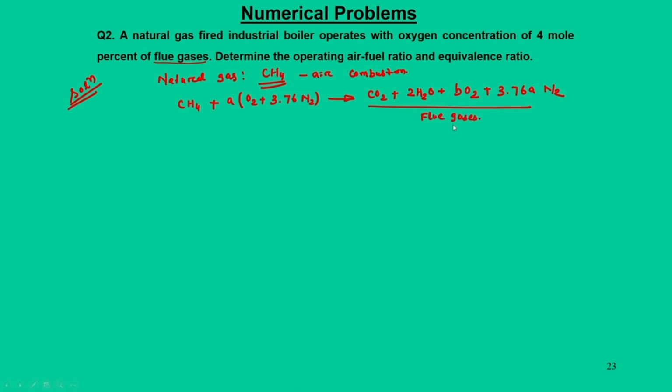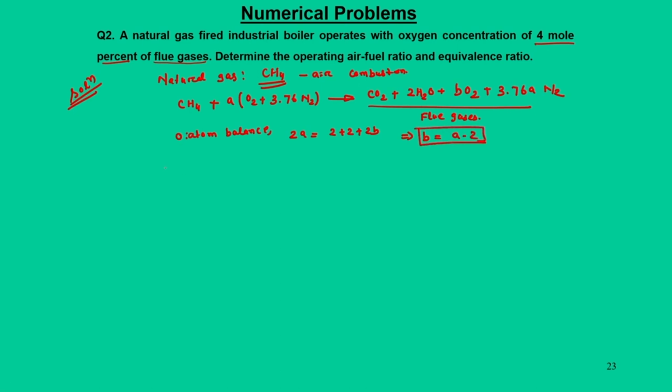These flue gases contain 4 mole percent oxygen, only 4%. If you make the oxygen atom balance, one can write 2A is equal to 2 plus 2 plus 2B. So B is equal to A minus 2. So one equation we get.